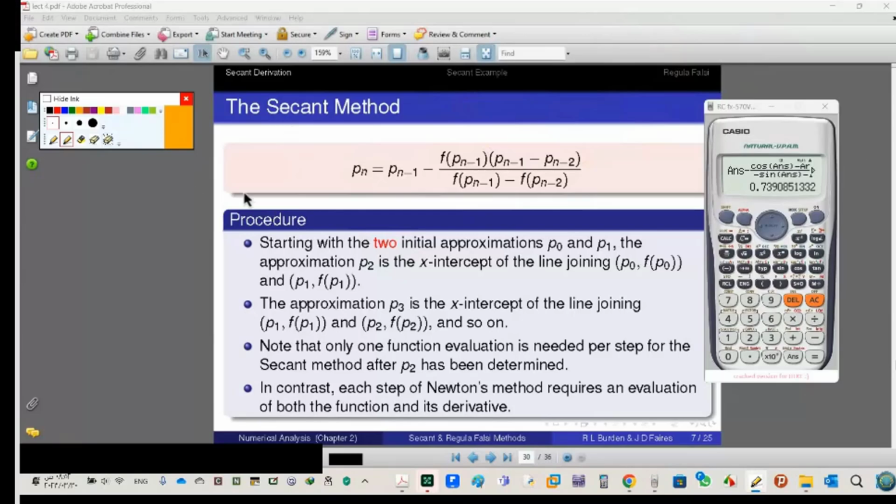In my method, this formula is Pn equals Pn minus 1 minus f of Pn minus 1 times Pn minus 1 minus Pn minus 2 over f of Pn minus 1 minus f of Pn minus 2, which is delta x over delta y. Any question about the formula? Did you get the formula?